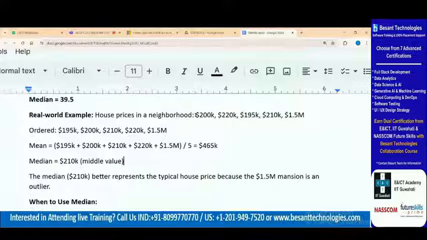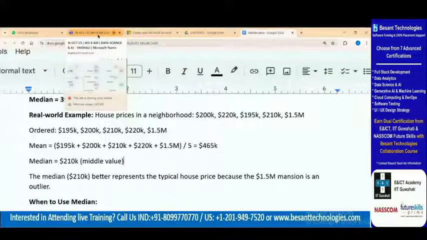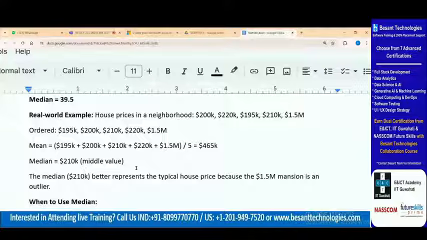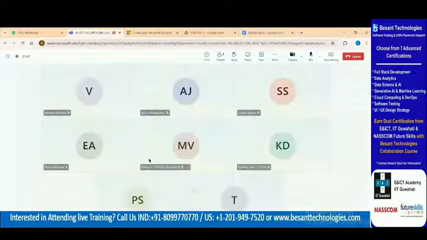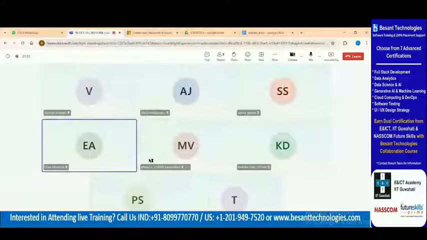If the person doesn't know what data science is, or what a particular keyword called data set means, do you know what a data set is? Can anyone answer so that I can proceed further? What is data? What is a data set? A data set is the entire sample space, all the elements together.